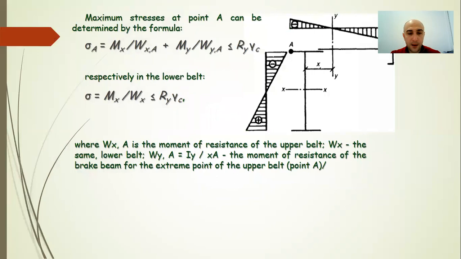And the last slide for today is finding the maximum strength. The upper belt of the beam works under both vertical and horizontal loads, and it is determined by the formula: sigma equals Mx divided by Wx plus My divided by Wy, which is less than or equal to Ry.